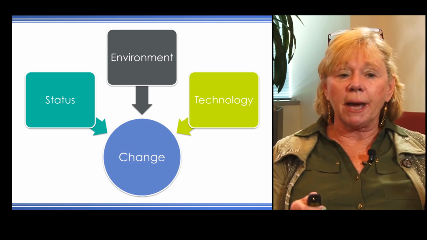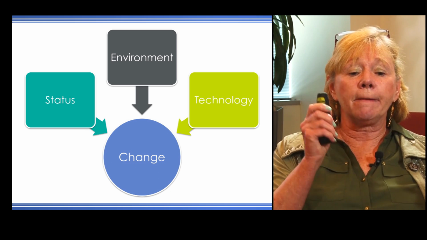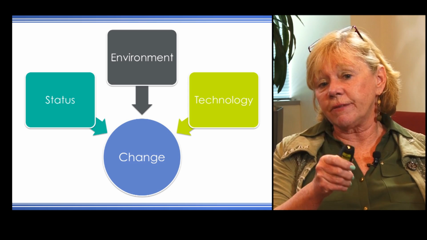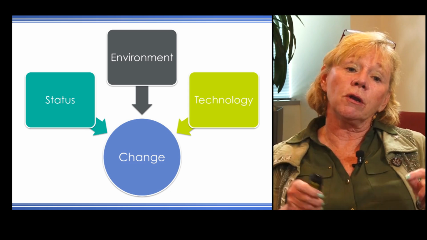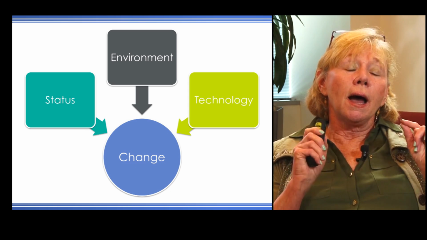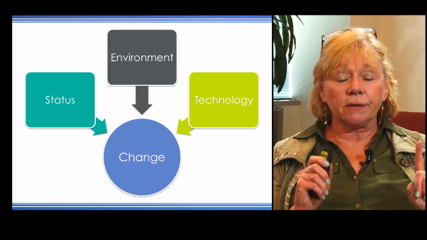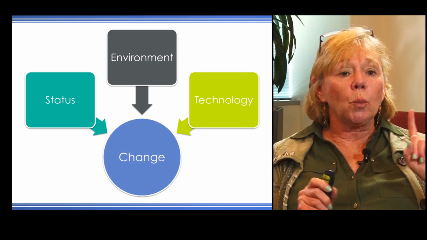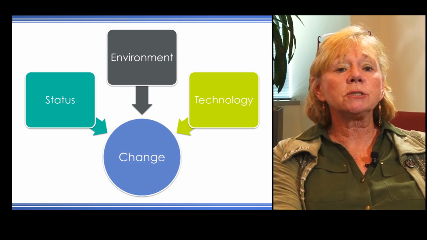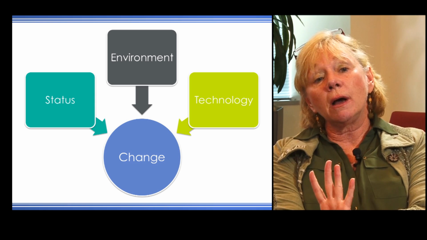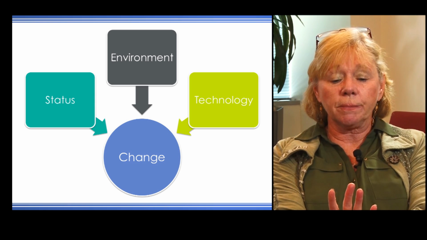Now, I talked about their status, the environment, the technology, and that all of this can change. It can change based on a variety of things. So we said back in the very beginning, a person is going to present with a severe expressive communication disorder.